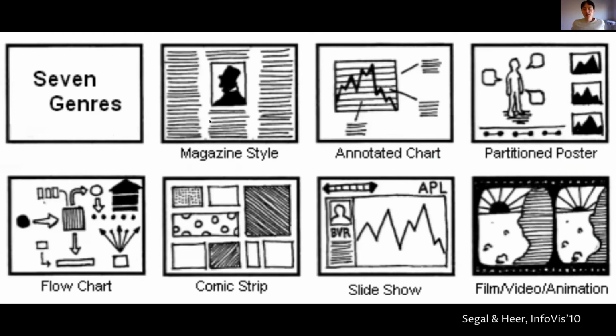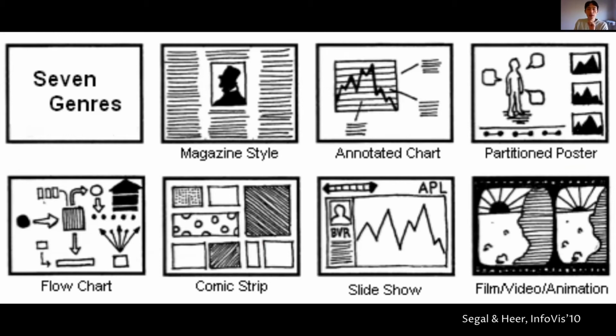So there are many different storytelling genres. One of them I presented is comic strip, but there are also other types of data storytelling, including magazine styles, annotated charts, slideshows, films, animations, videos, and so on.